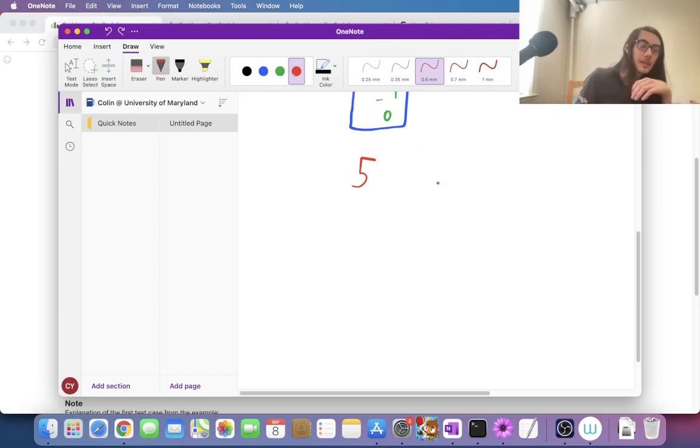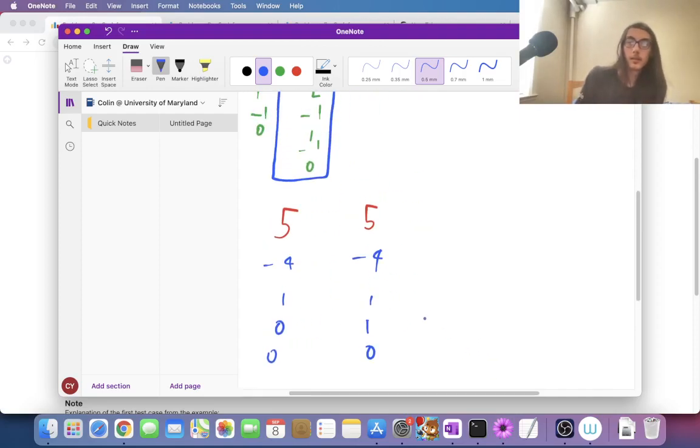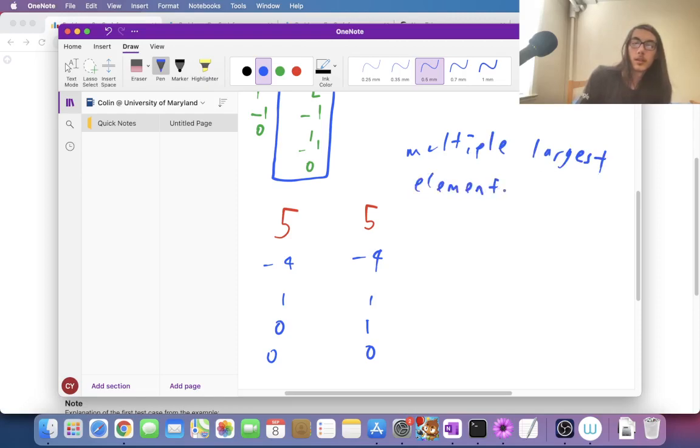Suppose the largest number again is 5. Then say we have another 5. Well, then these guys will each shout 4 times respectively, and then they'll both have 0. So if you have multiple largest elements, then it turns out they are all good.